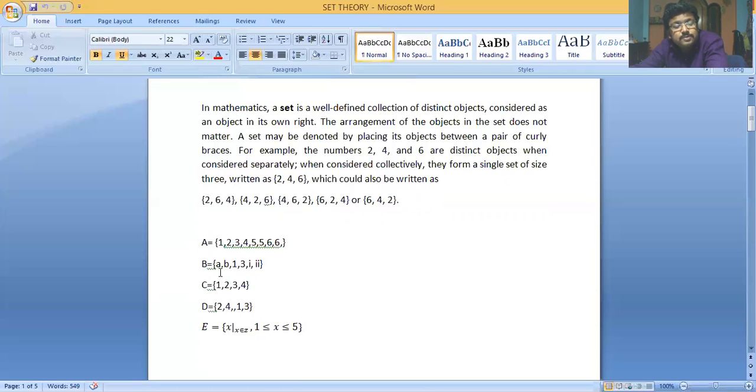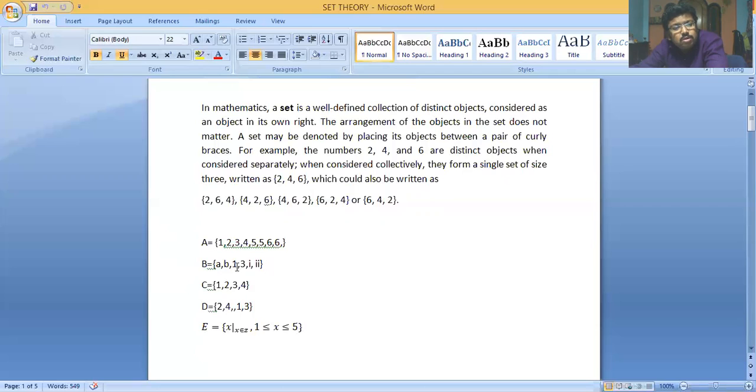But you have to look into your objective, and on the basis of that, you should define the objects. If you like to form a set of numerical numbers, then it would not be that set.